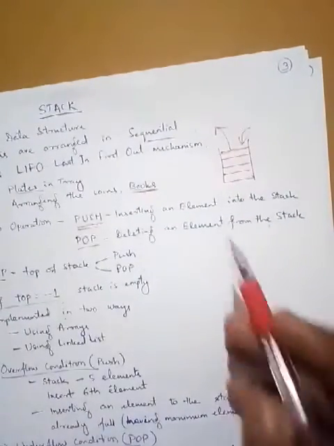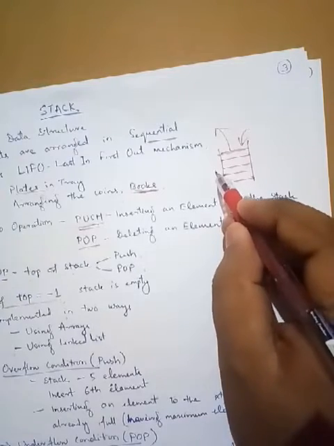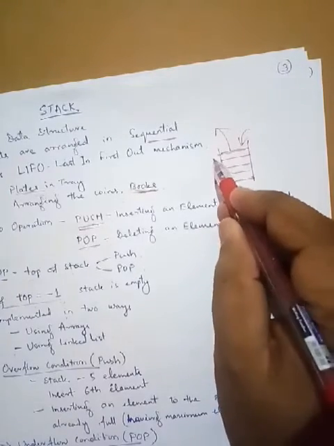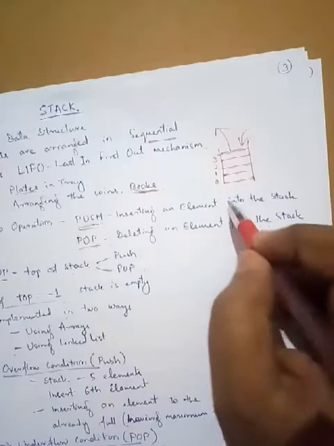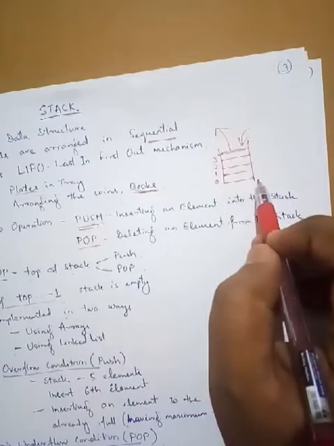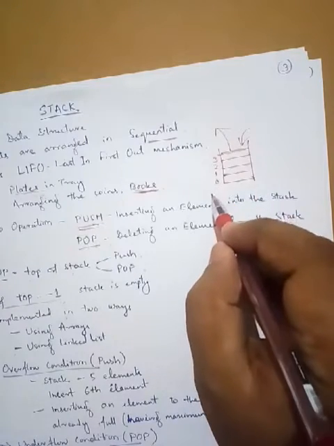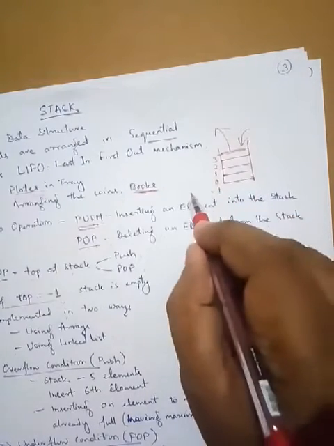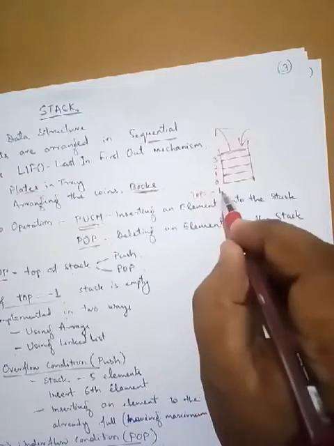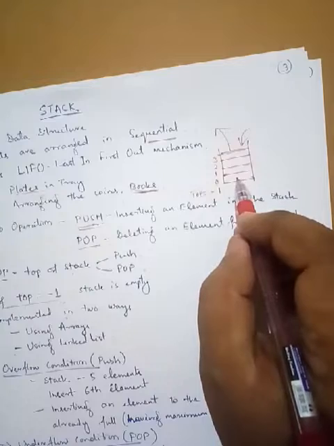You can see this example. These are the indexes: 0, this is the index 1, this is the index 2, this is the index 3. If there is no element in the stack, that means the index value will be -1. That means if top is equal to -1, there will be no data or no elements.